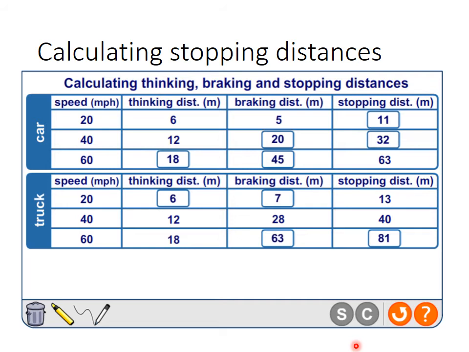Now braking distance, we know we can do the relationship where we square our values, the increases, so you could have done it that way because 20 is 5 meters, whereas 40 will be, so we're doubling the speed, so therefore we're going to times the distance by 4, so 5 times 4 gives us 20, and if we go from 20 to 60, that's a 3 times increase, so we need to times by 9, so 5 times by 9 of course gives us 45. And then stopping distance, you're just adding those values together.